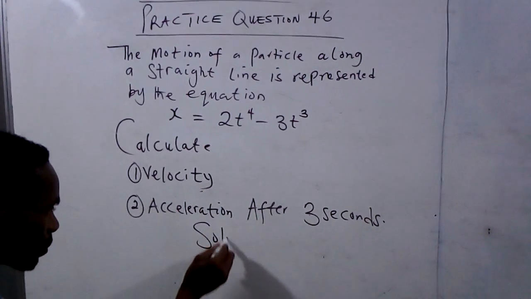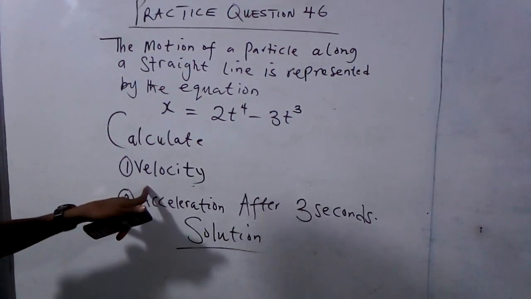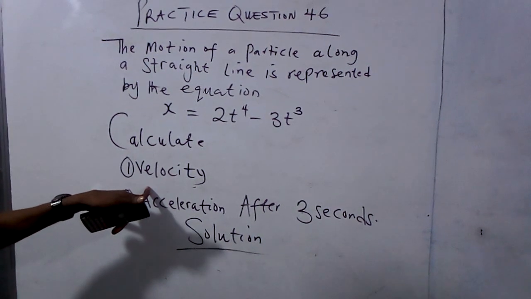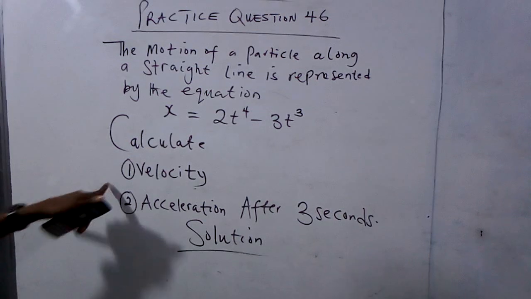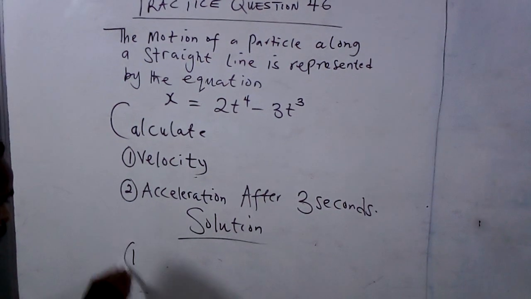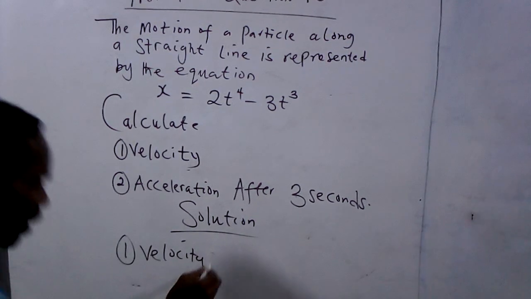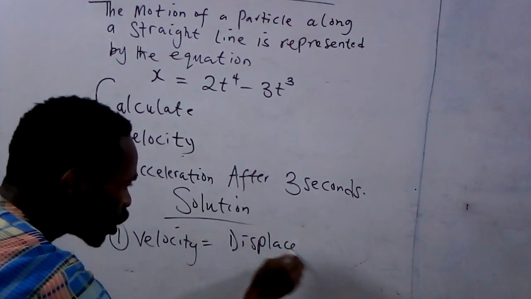Solution. In solving this problem, number one, we are told to calculate the velocity. We are not going to use a regular motion equation to solve this problem. Here we use differential equation. First of all, we understand that velocity is equal to displacement all over time.